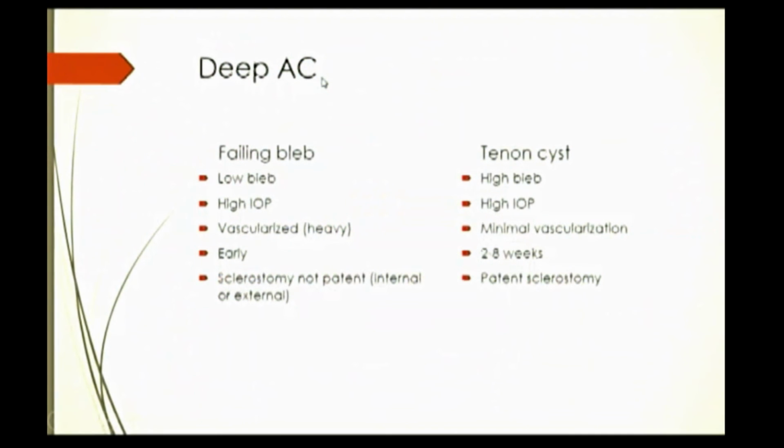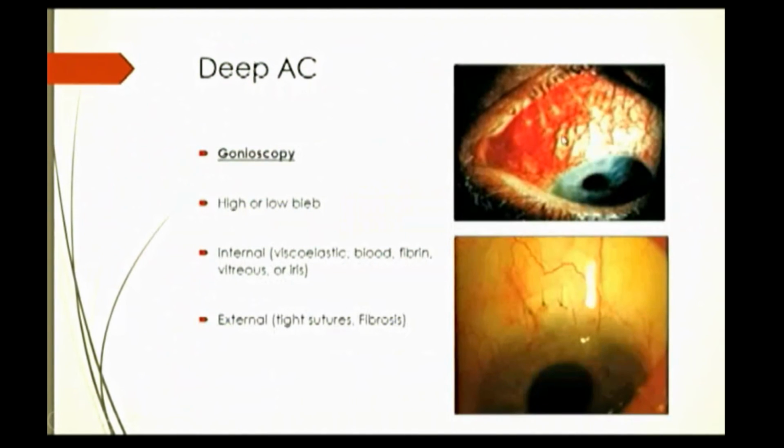With the Tenon cyst, you have a high bleb, and the failing bleb is very low, almost flat. Both have high IOP. In the failing bleb, you'll have heavy vascularization most of the time, and I think using anti-VEGF could help. I don't know if Dr. Samir can help us with this. Yes, you can use anti-VEGF to decrease the vascularization, especially in cases like neovascular disease.